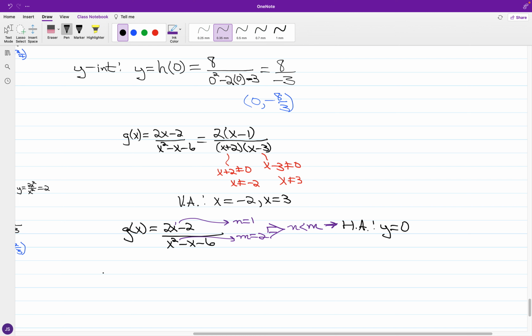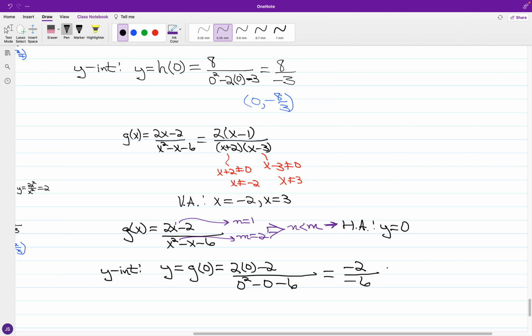Okay, so you have g of 0. You're looking at 2 times 0 minus 2, all over 0 squared minus 0 minus 6. And 0 minus 2 is negative 2, and we have minus 6.